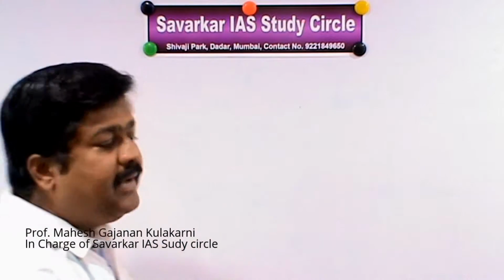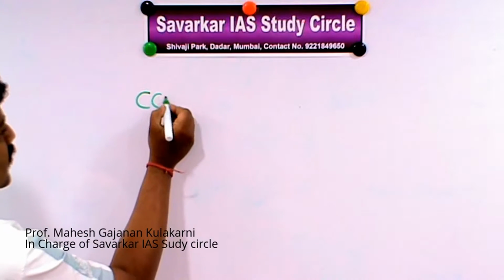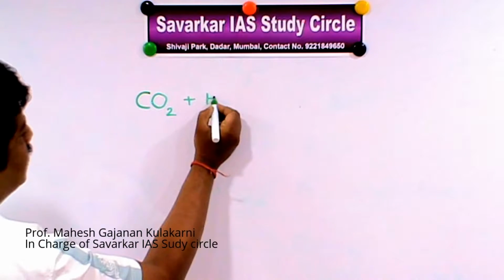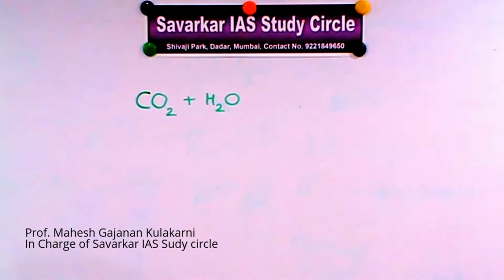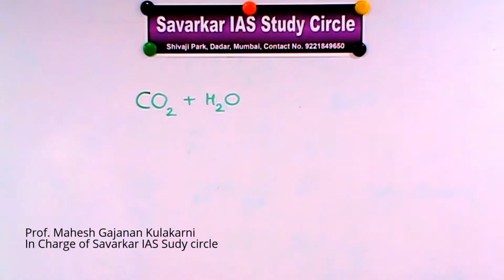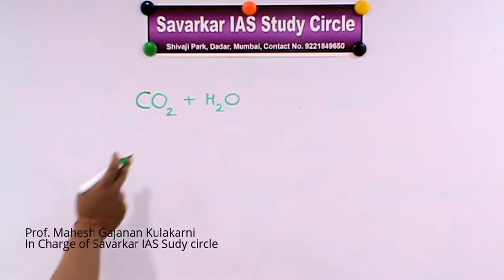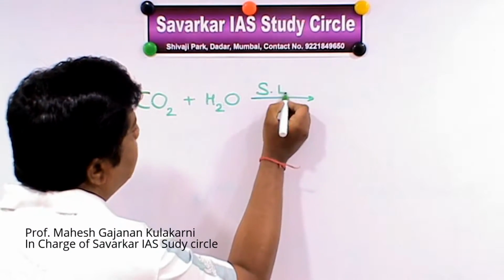I am not giving you the balanced reaction, but we can remember this reaction: carbon dioxide, which we call a pollutant in air, but practically speaking is actually a source of life. That carbon dioxide combines with water in the presence of sunlight.